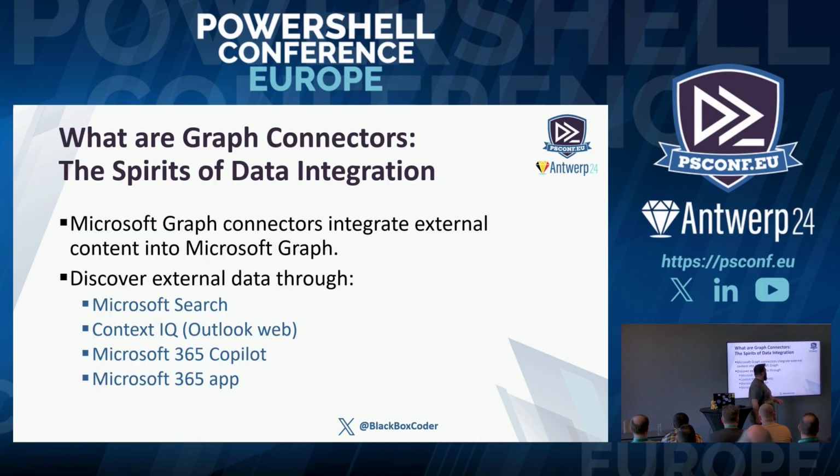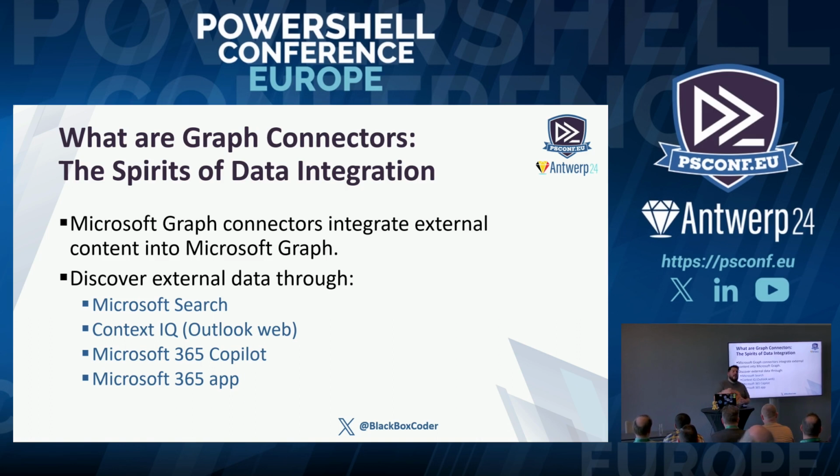What are graph connectors, or what is the spirit of data integration? Microsoft Graph Connectors integrate external data into Microsoft Graph. So we can ingest data, because I'm a German guy, and German people like to keep their data. They don't like to put it all in the cloud, even if it's top confidential or secret.